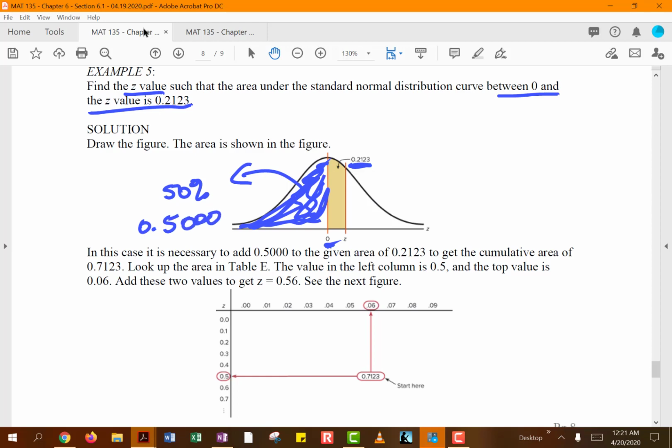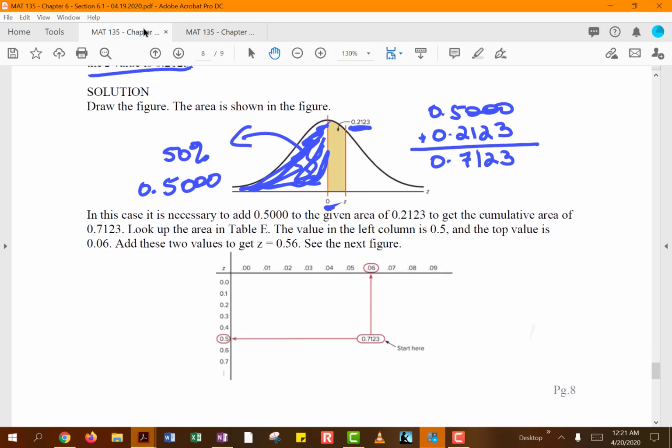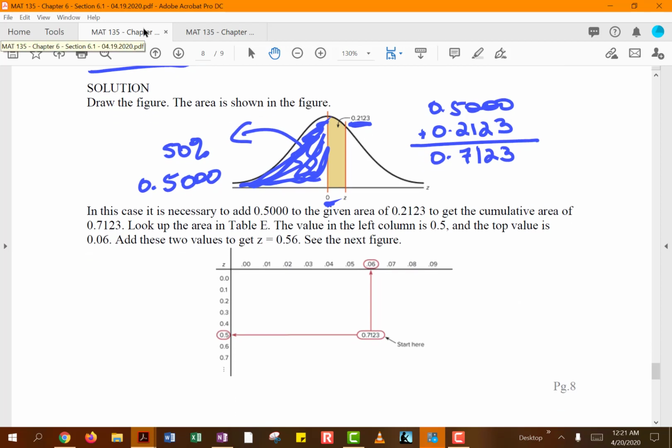So we're going to add the 0.5000 and the area which is given to us, 0.2123. Of course that will come out to be 0.7123.